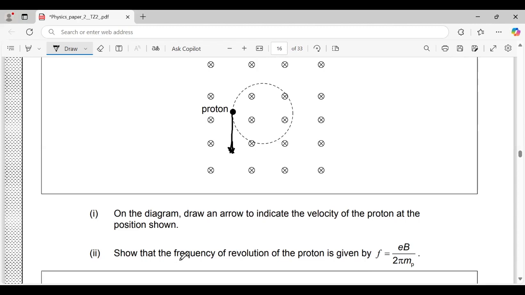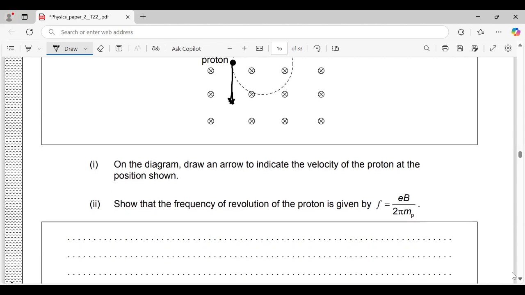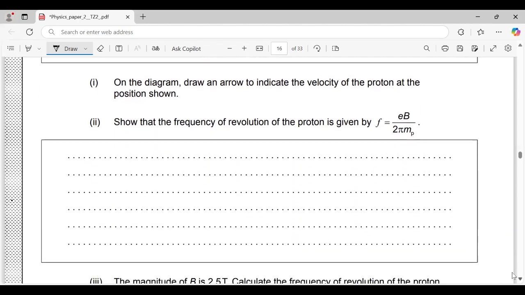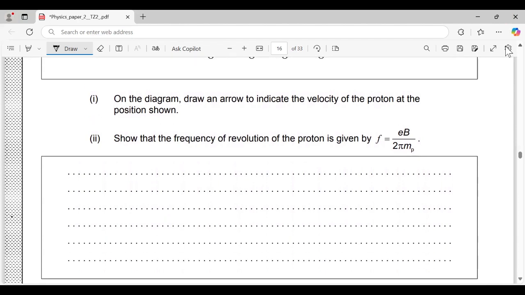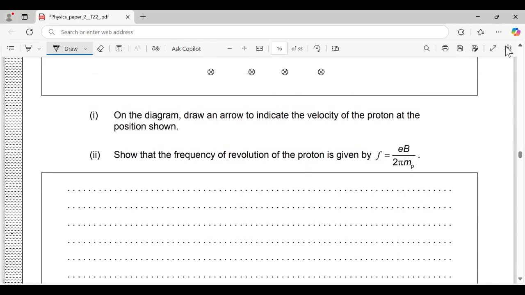Next, show that the frequency of revolution of the proton is given by f equals eB over 2 pi mp. I will explain this.